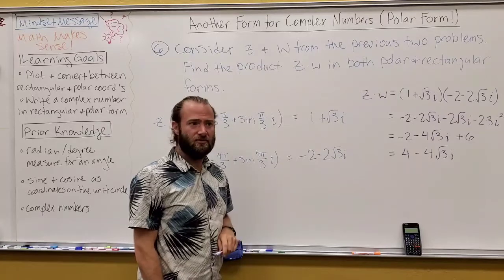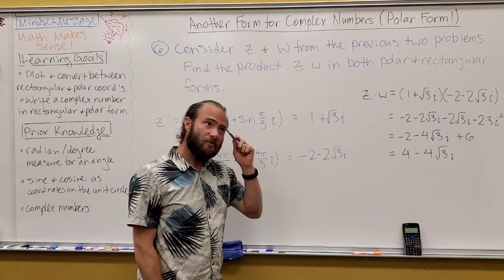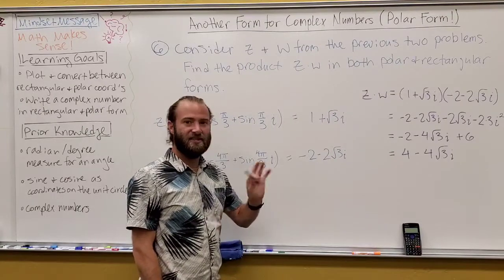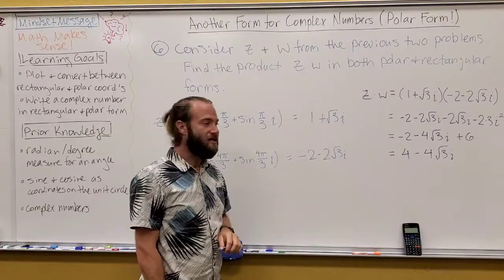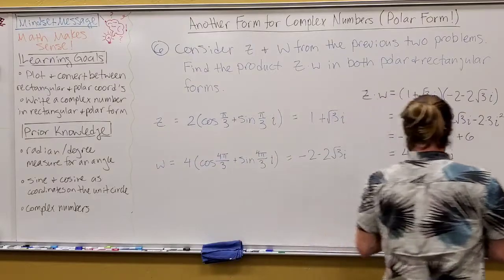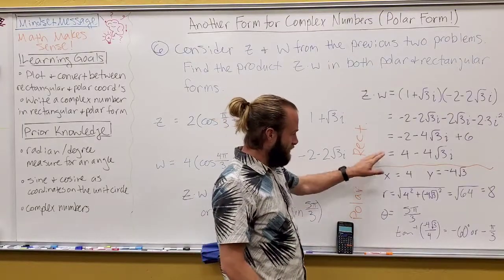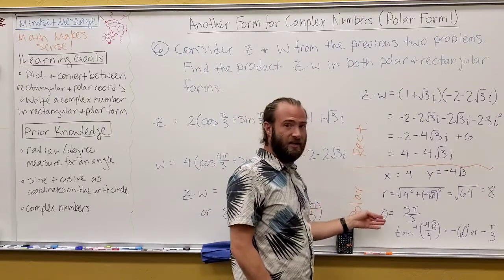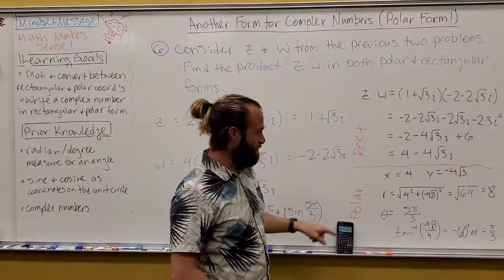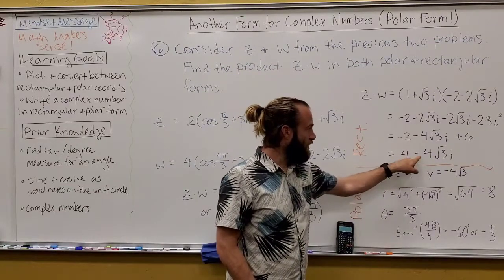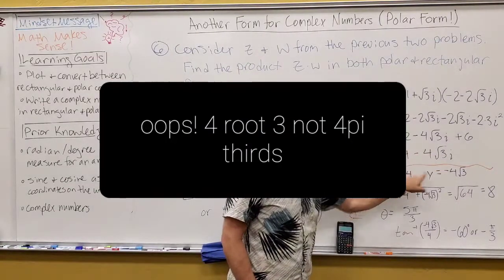How do we get this in polar form? Well, wait a minute. We did do some conversions in part 1 of this lesson, right? If I have the x and the y, I can convert it back. So here's the work for converting it. And again, remember, we just used our conversions from before. But in this case, we know the x and the y, right? 4 and negative 4 root 3.